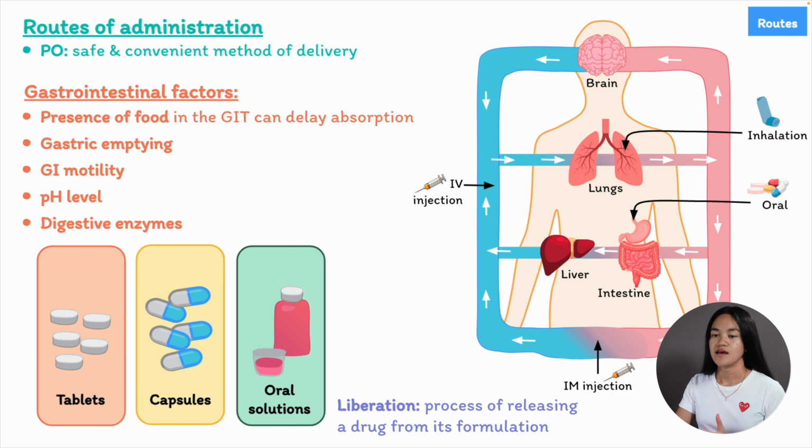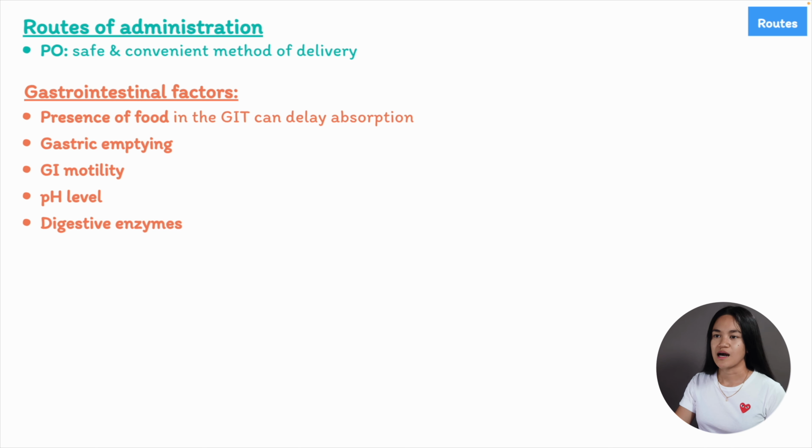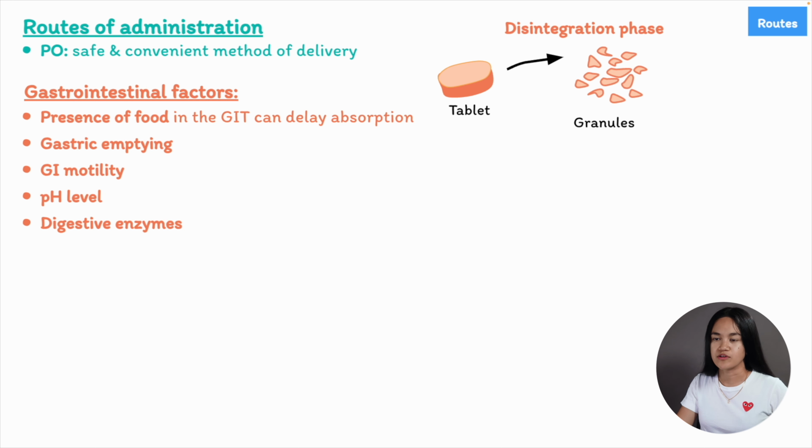Let's draw this out. Let's consider we give a tablet of a certain drug and go through the different stages that the tablet will go through before the drug is absorbed. So first, the tablet will go through the disintegration phase, breaking down into granules and then into smaller particles. Next, the drug will be dissolved in the fluids of the intestine.